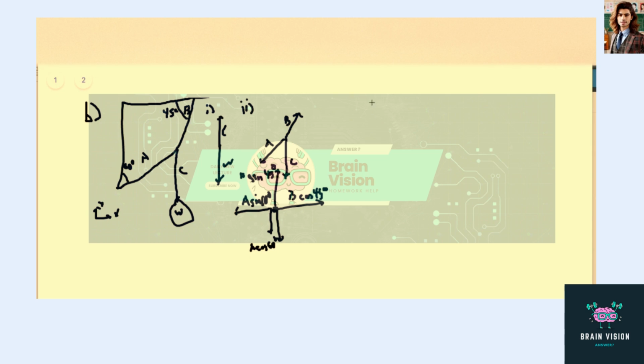So just like last time when I set up my Newton's second law equation, so I have C minus W equals 0.